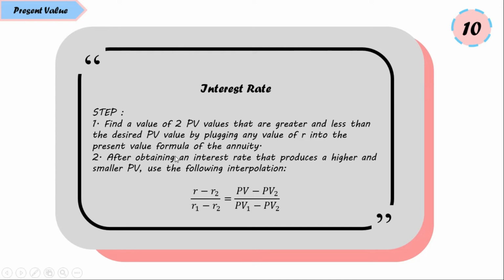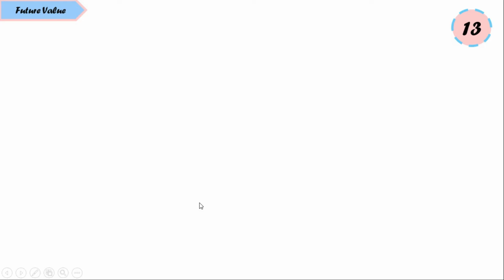After obtaining interest rates that produce a higher and smaller present value, use the following interpolation. (R minus R2) divided by (R1 minus R2) equals (present value minus present value 2) divided by (present value 1 minus present value 2).